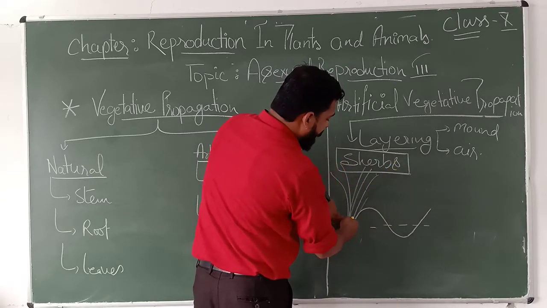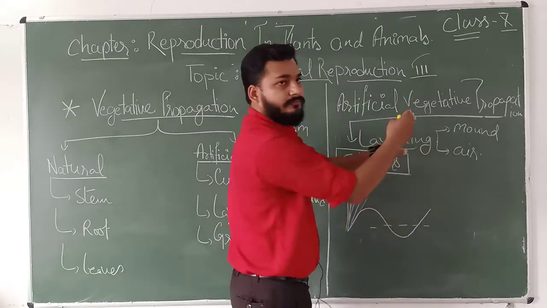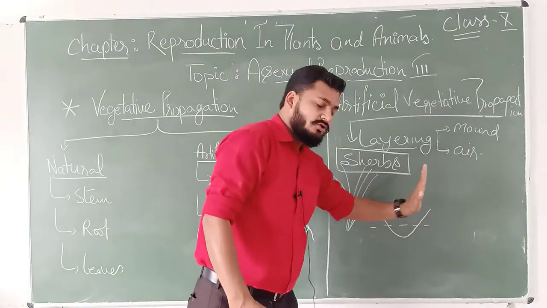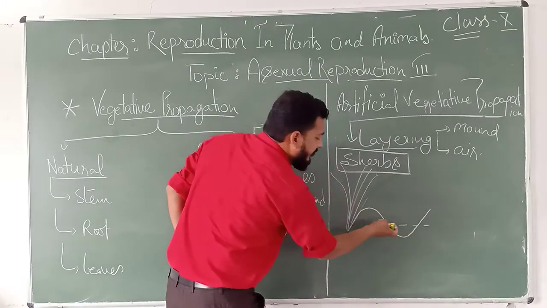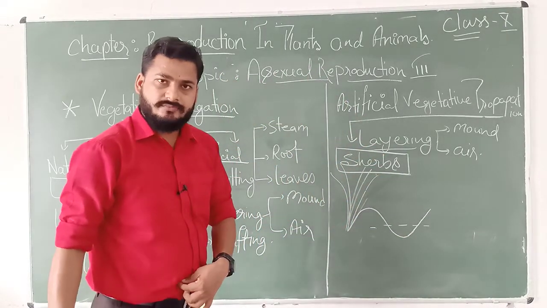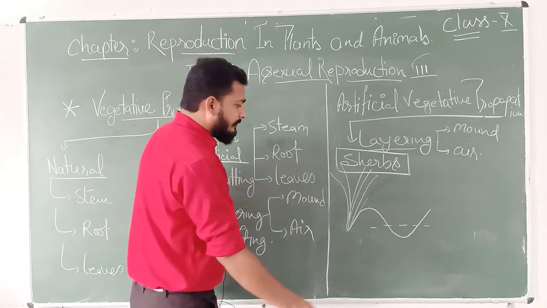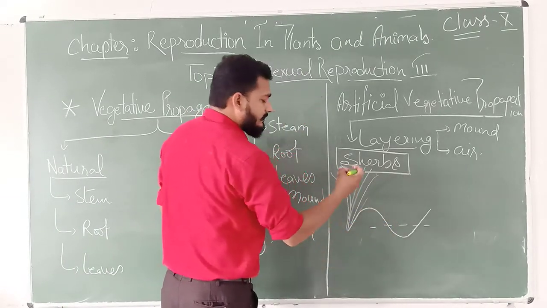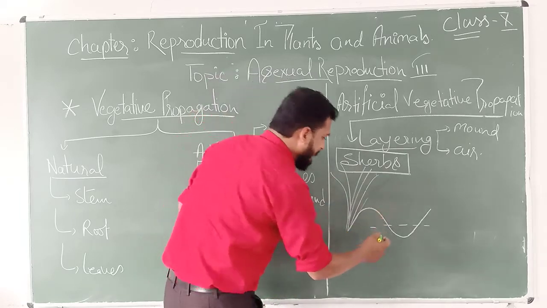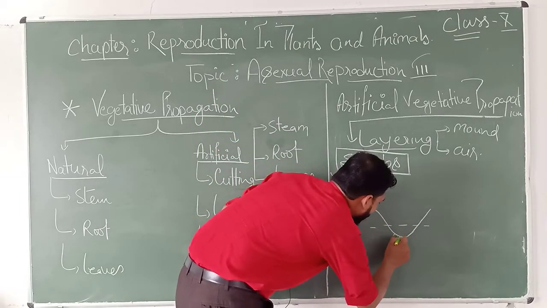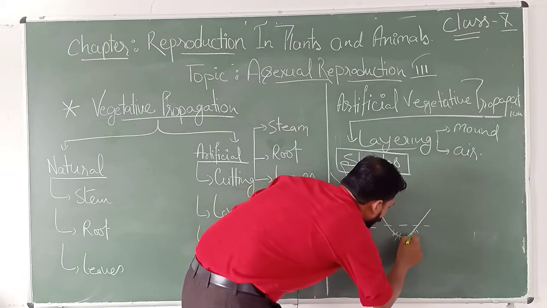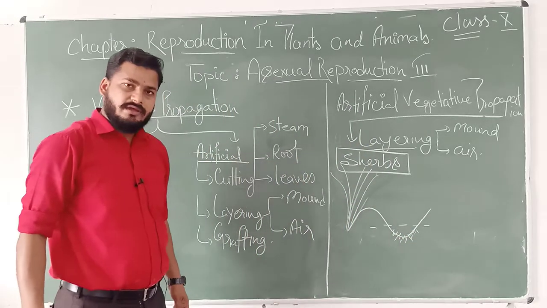We took that and bent it through the soil, and covered this area with the soil. Now we'll give enough moisture, we'll irrigate it a bit, and after some time we'll see that roots start to grow at this position.